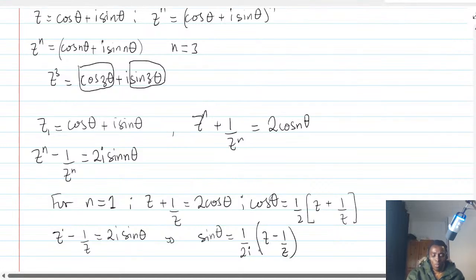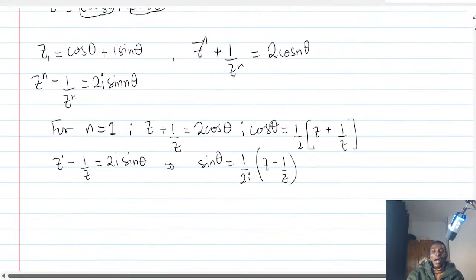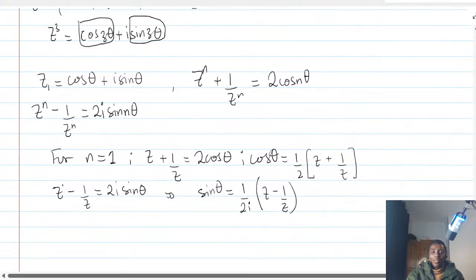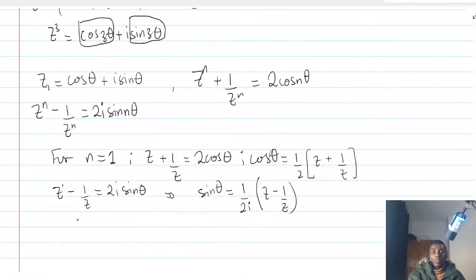Alright, so basically this is what we have. So we can actually apply it right now. In what way? This is how we are going to do it. Let's try and find cos cube theta.